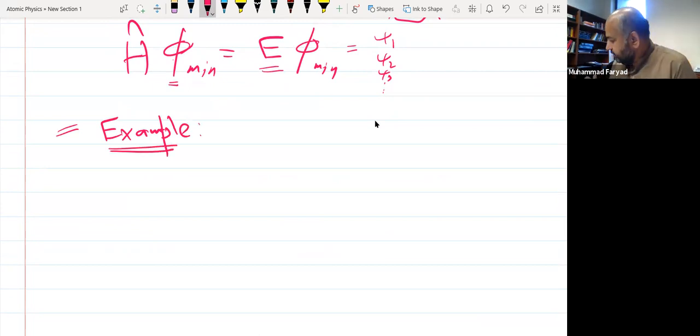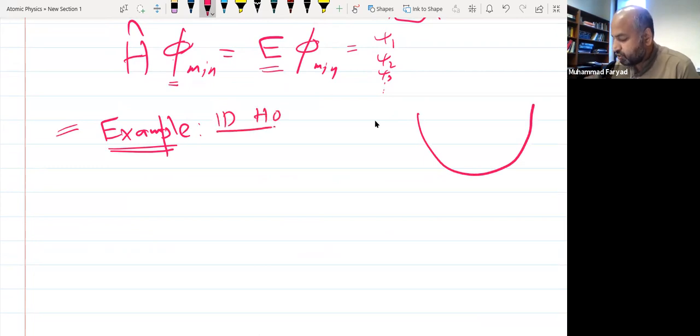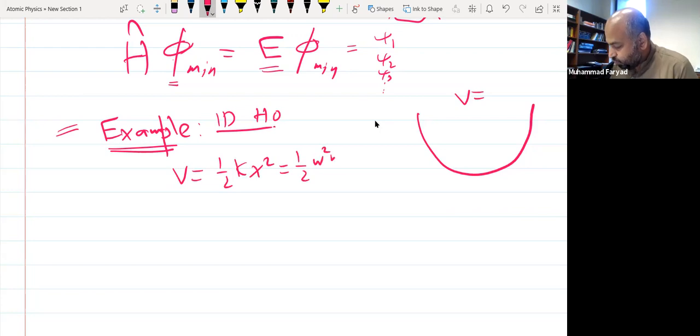Okay. Suppose I have a one-dimensional harmonic oscillator, and suppose that its potential profile is given by half a x square, or I can also write it as half omega square m x square.